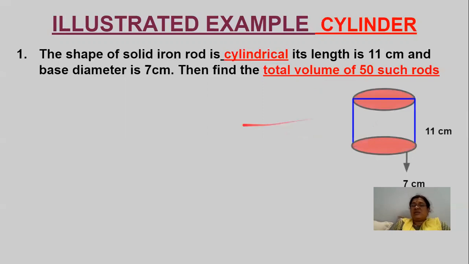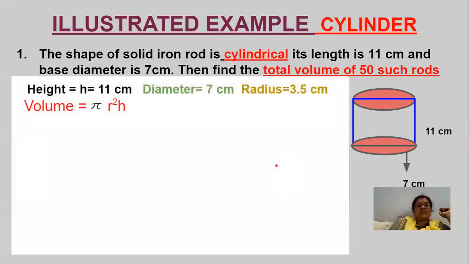Let us see what the diagram will be. This is a cylinder. The height is 11 centimeters, and the diameter is 7 centimeters. So let us solve the problem for this question.